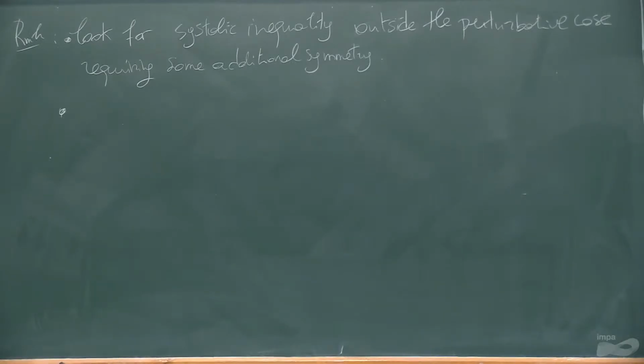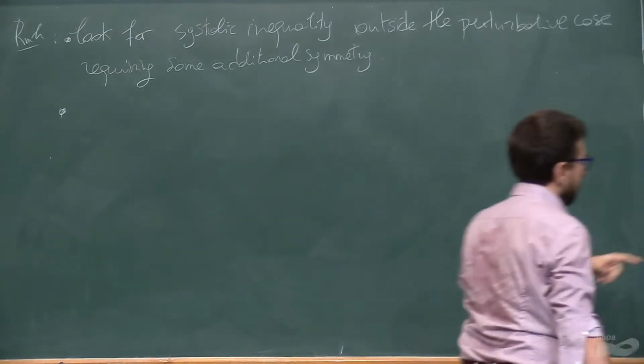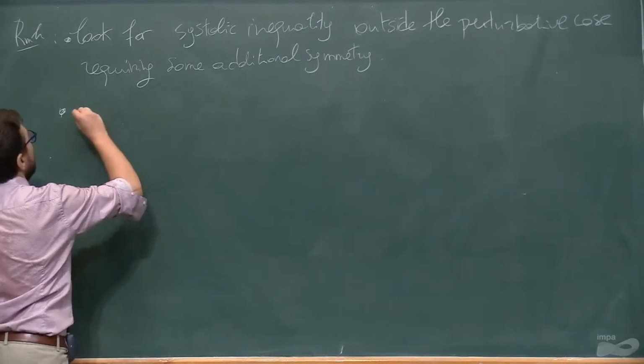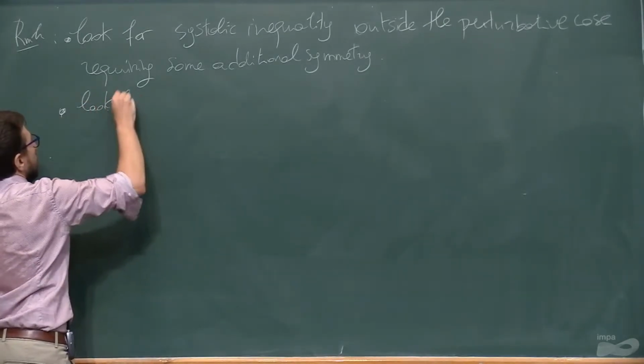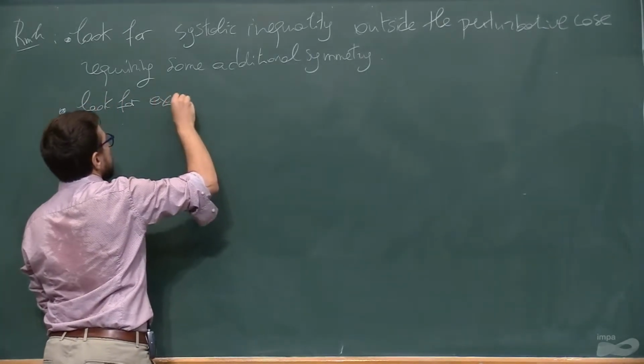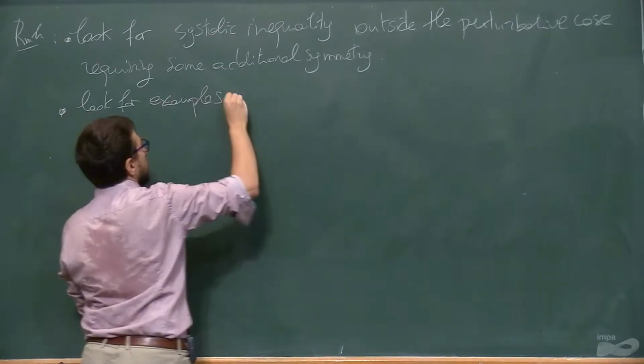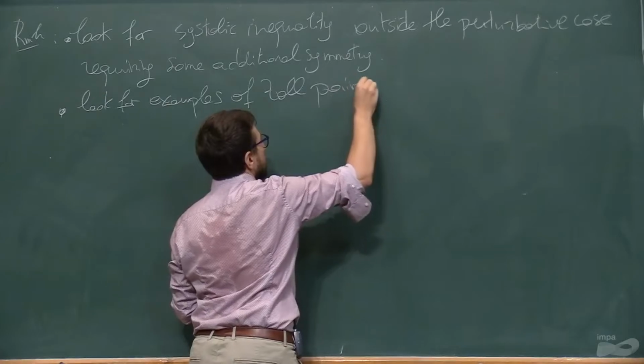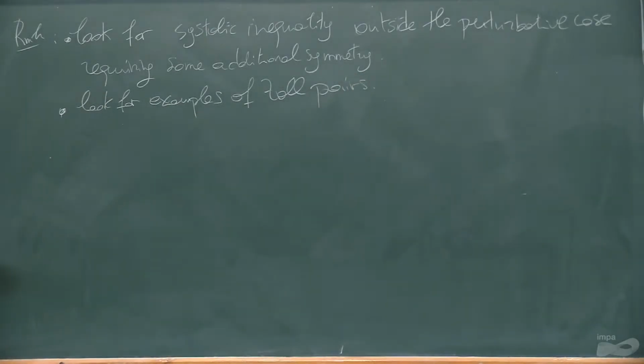There is a very trivial example of a Zoll pair where you take G0 the flat metric and B0 constant, but apart from that, nothing was basically known. So the second thing which is left open by this theorem is to look for examples of Zoll pairs.